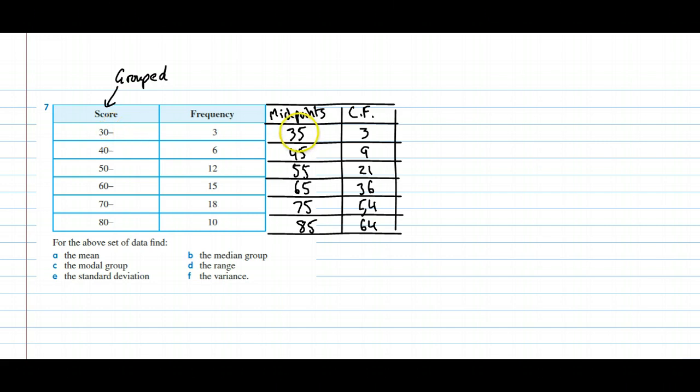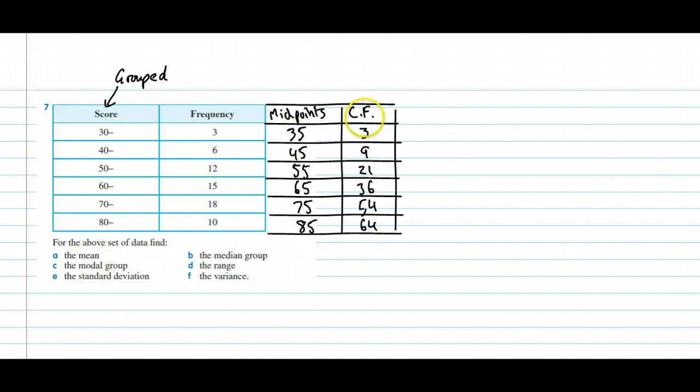In order to do that, we have to estimate what the scores in each group are. We're going to estimate that all 3 scores in this group are 35, and all the scores in this group are 45. We've chosen those midpoints because they're in the middle of the group. For 30 to 40, the midpoint is 35, the best estimate of a score in that group.